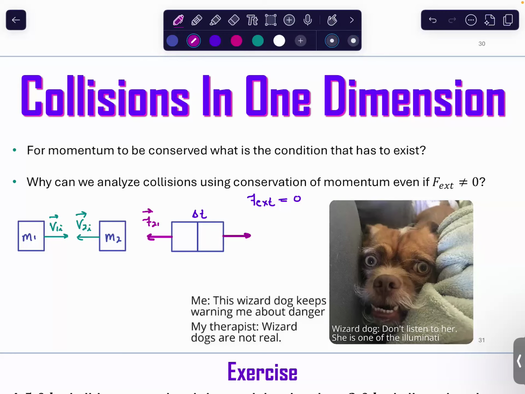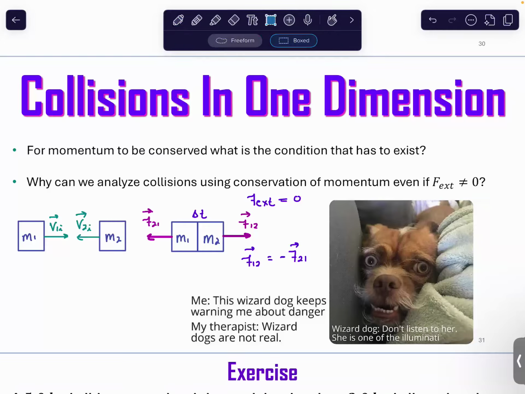So the force of mass 2 exerted on mass 1, and then the force of mass 1 exerted on mass 2. And so with Newton's third law, we remember that force 1,2 is going to equal negative force 2,1. So they're equal and opposite.